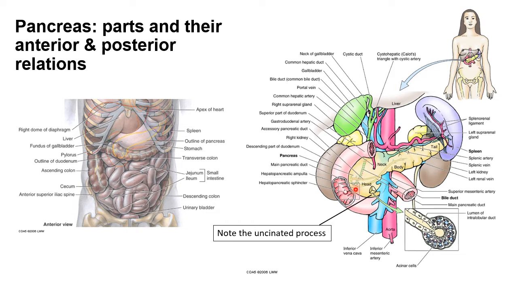It's also where the common bile duct meets the main pancreatic duct, forming the pancreatico-duodenal ampulla, or the hepatopancreatic ampulla. So these are the main relations of the head of the pancreas.